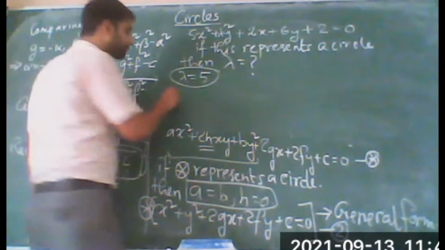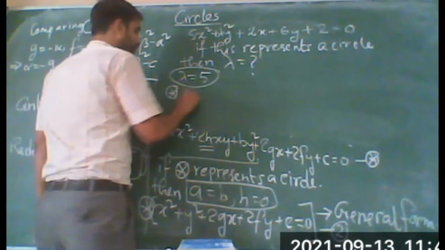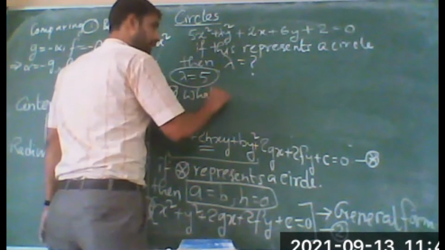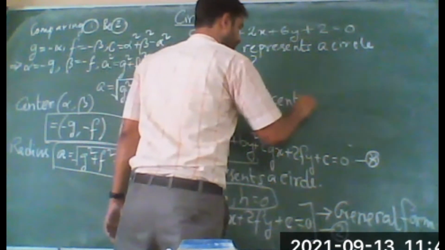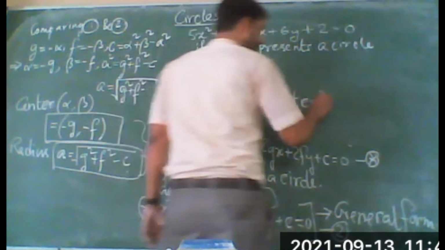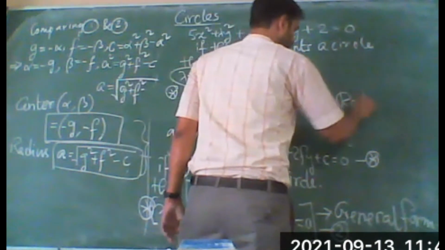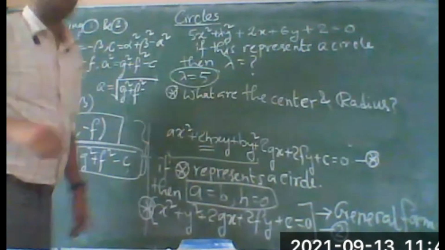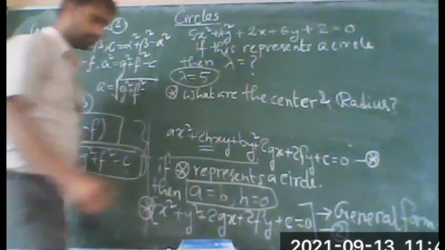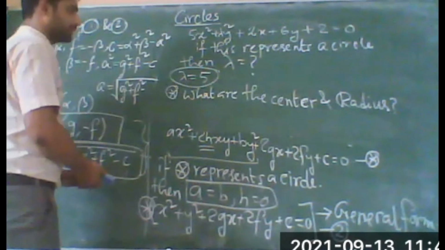And the next question will be, what are the center and radius of this circle? What are the center and the radius of this circle?